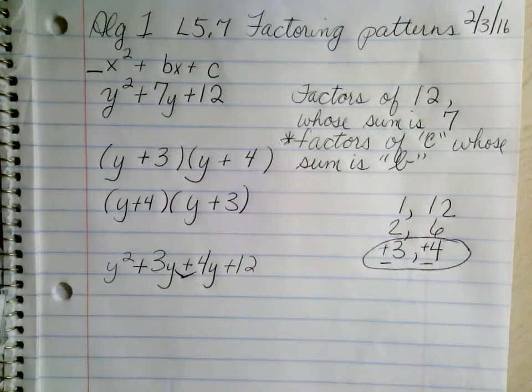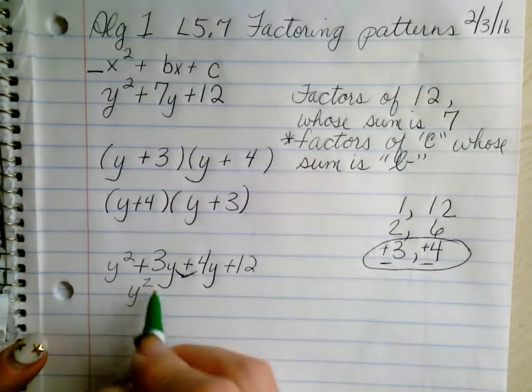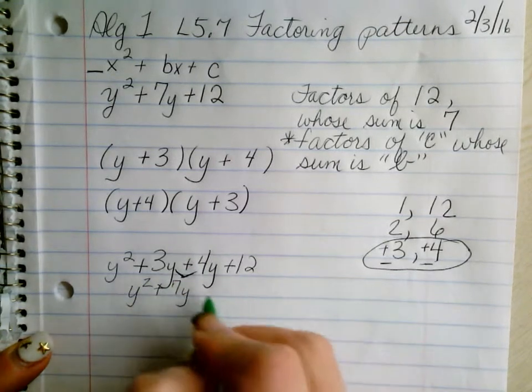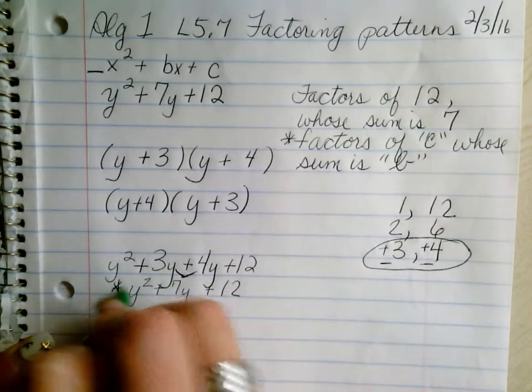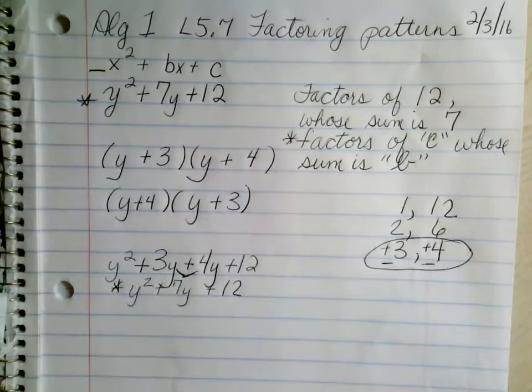Combine like terms, and you get y squared plus 7y plus 12. We're correct. Okay? For the next 3 lessons, this is what we're going to be doing over and over and over. Okay? This is one of the most difficult concepts, this whole factoring business in this chapter. All right? We're going to keep going.